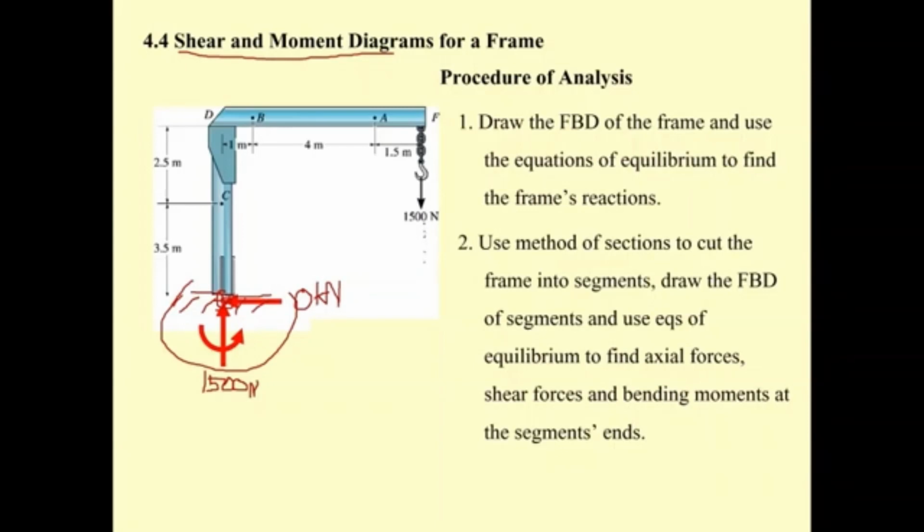Equal to 1,500, and it's going to be times the distance between here and here, which is going to be what? 4.5, and then this is going to be 6.5, and then the moment that we are looking for is going to be 6.5 times 1,500.